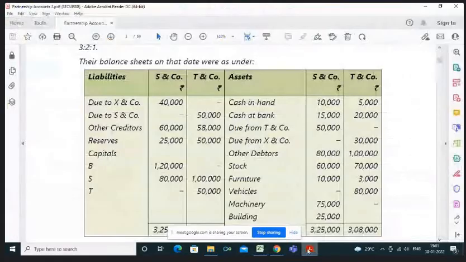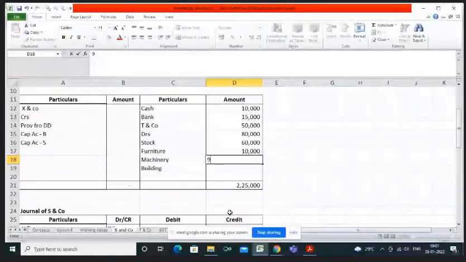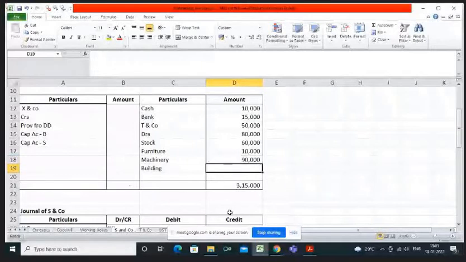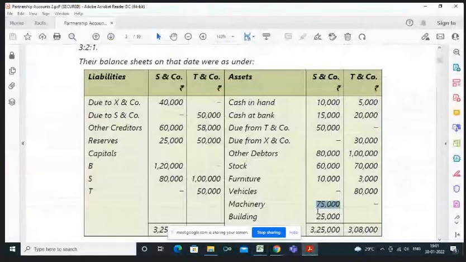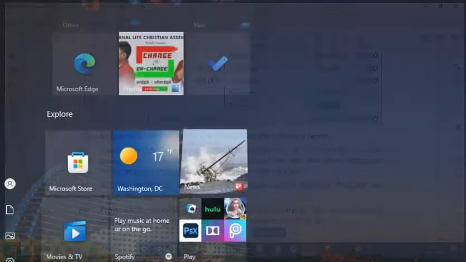It's not mandatory to prepare this, but it helps us in arriving at the journal entries. Journal entry passing will be very simple if you prepare this revised balance sheet. Otherwise also you can pass the journal entries, but you may miss out a few points. That's why I do this revised balance sheet. It's always better. It will be a foolproof method.